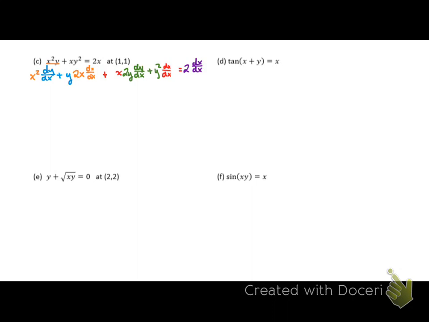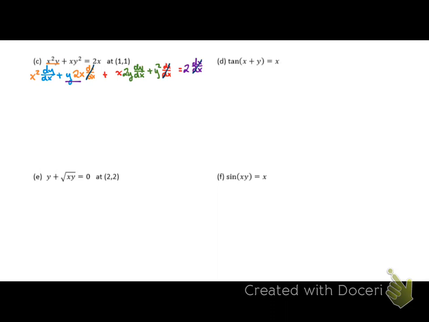Now the first thing I'm going to do is cancel all of my dx/dx's, because that's, again, something else that's just going to get in our way. So let's get rid of all the dx/dx's. Those are 1. And 1 times something is just the something that's there. And our job is to get dy/dx to one side. So I'm going to move everything that does not have a dy/dx to the other side, which includes this.